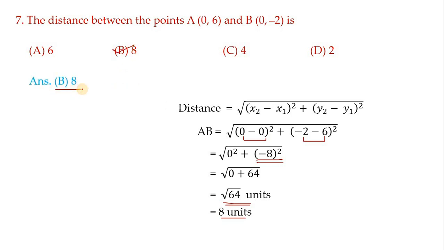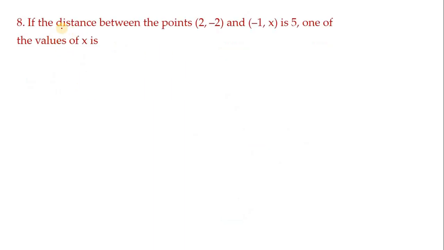Move on to the next one, children. If the distance between points (2, minus 2) and (minus 1, x) is 5, one of the values of x is. See, understand the problem first. The distance between these 2 points is given, that is 5, and they are asking to find the x value. So the distance formula only we have to use, children.